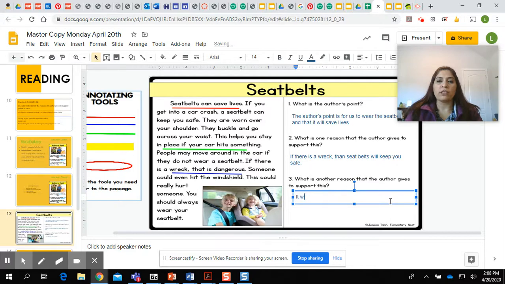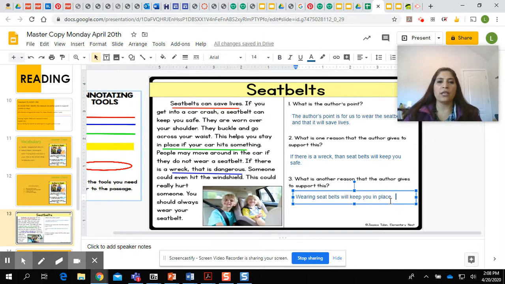Let's form a better sentence. What is another reason that the author gives you to support this? Wearing seatbelts will keep you in place.